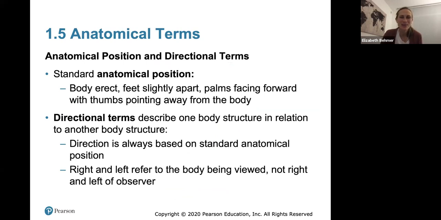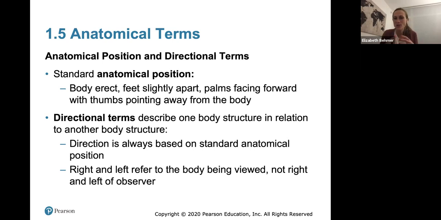All right, so anatomical terms. We're getting into the part that will be a review, but you should still have a very good understanding about this. I'm going to ask you what anatomical position means, where you're standing up straight, feet slightly apart. The big one is palms facing forward with thumbs pointing away from the body. You should remember some of the directional terms that describe one body structure in relation to another.